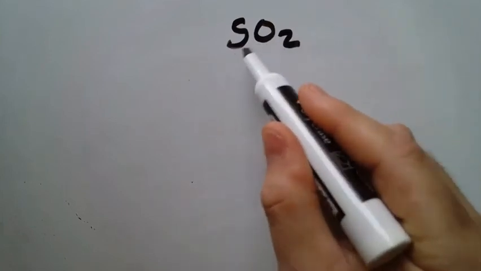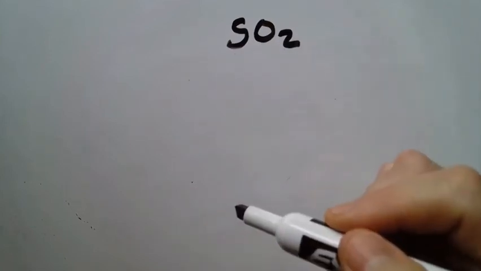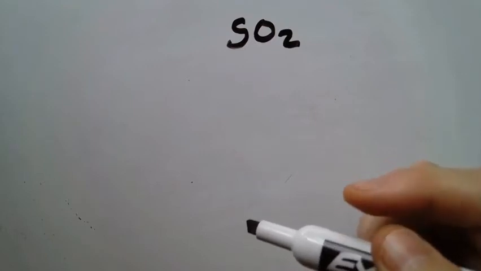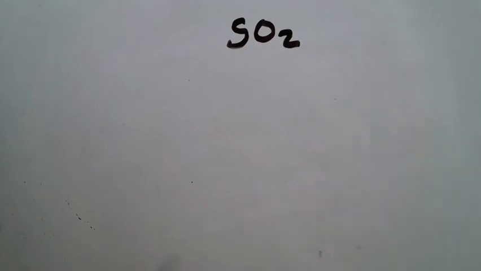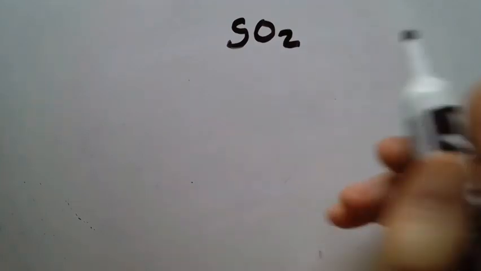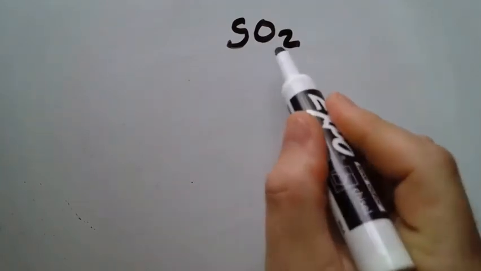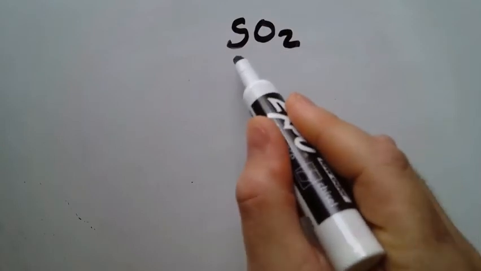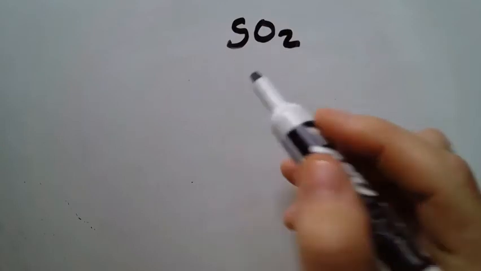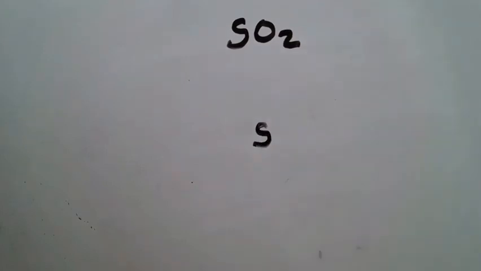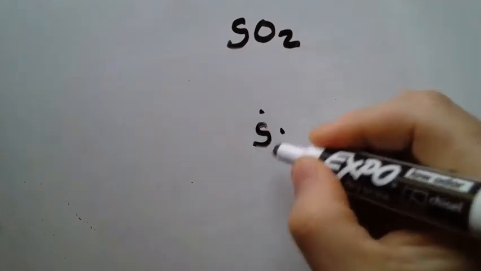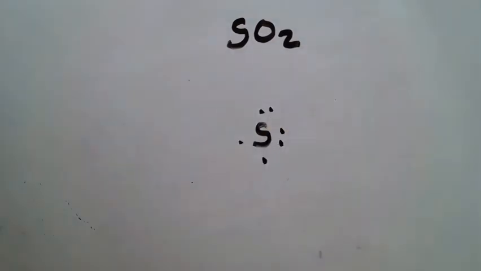So since both sulfur and oxygen are in column 16 and they both can normally make only two bonds, the next step is, how do I know which one goes in the middle? Well, basically, if you have one thing and then multiples of another, you put the element that you only have one of in the middle. So I'm going to put a sulfur here, with 1, 2, 3, 4, 5, 6.